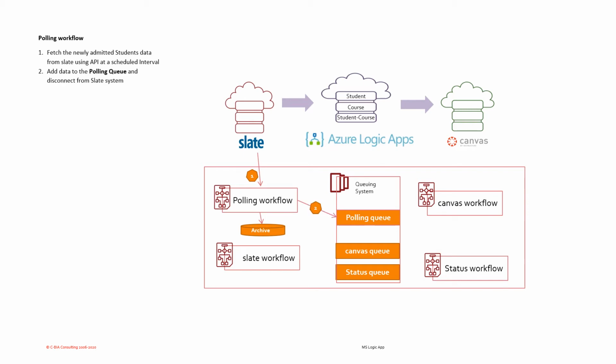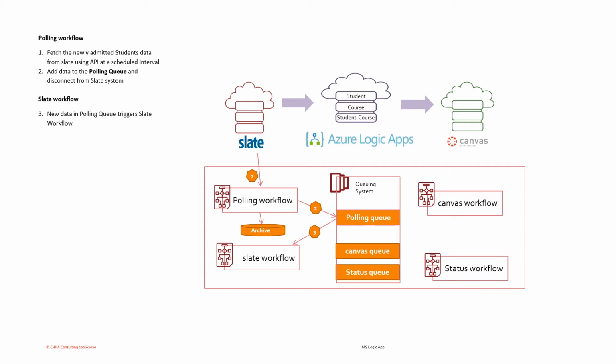If that polling finds some data, new student registrations, it's going to take that data from Slate. It's going to put it into an archive as a backup, but it's also going to move it across to the polling queue, the second step in this workflow. We then move on to the Slate workflow.